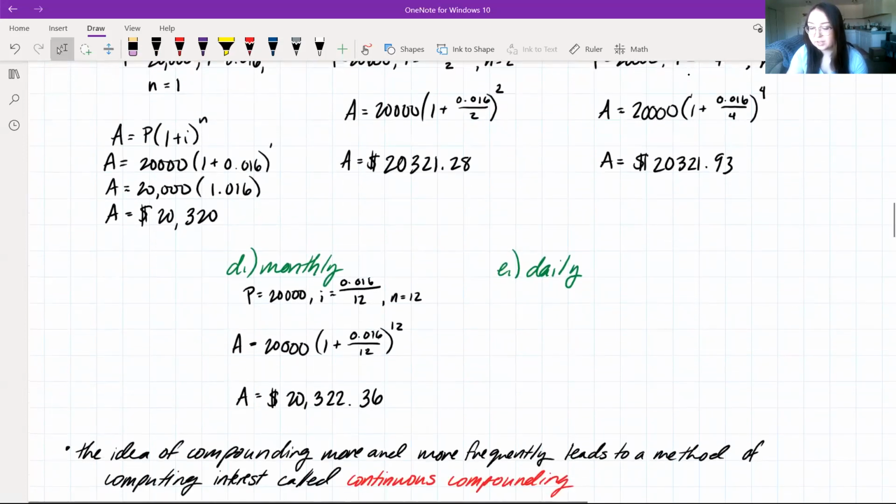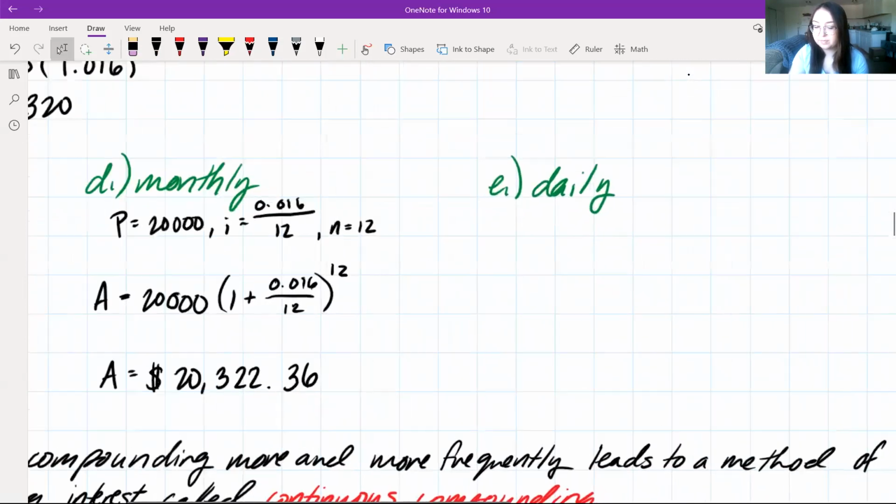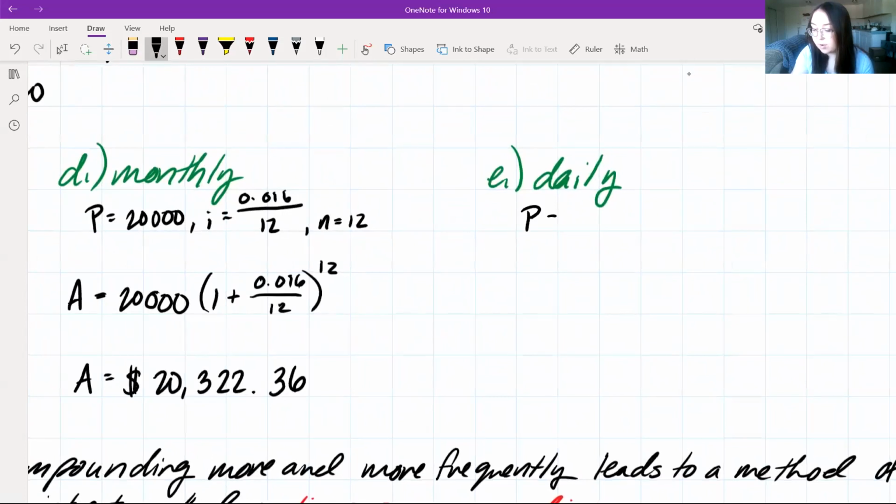And let's do our last one. Let's try out daily. We know our P value is still 20,000. i is going to be 0.016 divided by 365, since there's normally 365 days a year. Unless it really specifies that there's been a leap year, you're always going to go with 365 days a year.